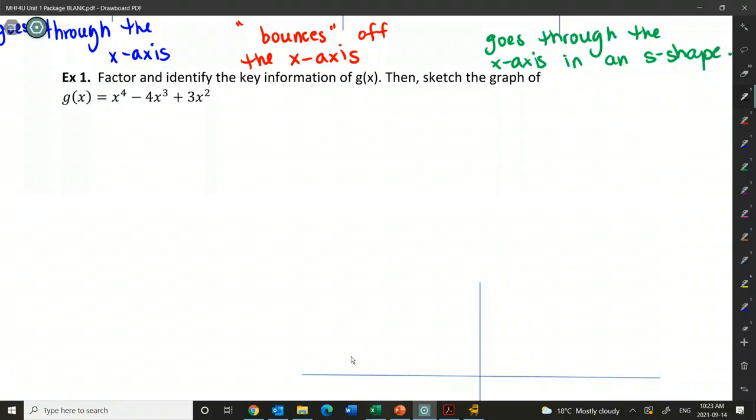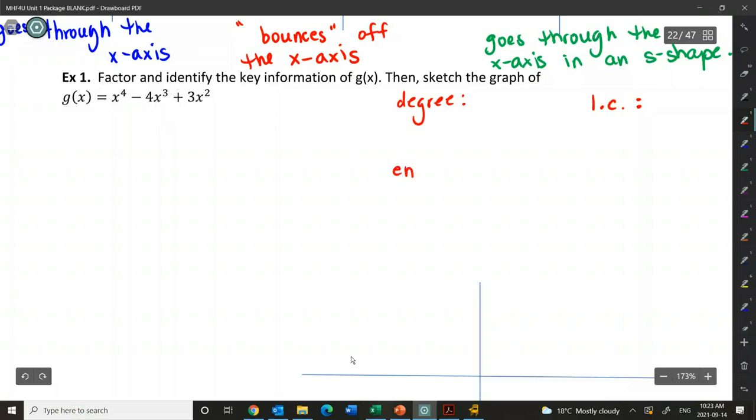So let's start with that. We know how to do that. Okay, I'm just going to use LC for leading coefficient, and end behavior, either notation is fine, whatever you feel comfortable with for this one. And we can also actually fill out y-intercept for this as well. So I'll fill that in.